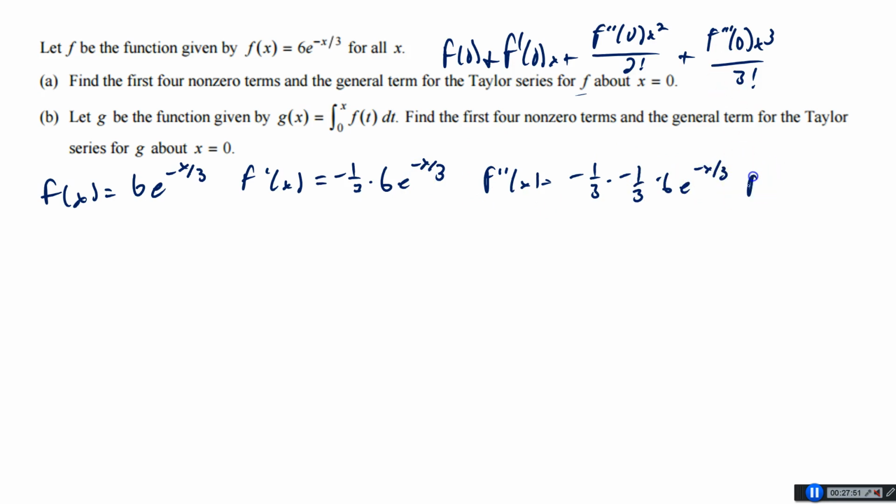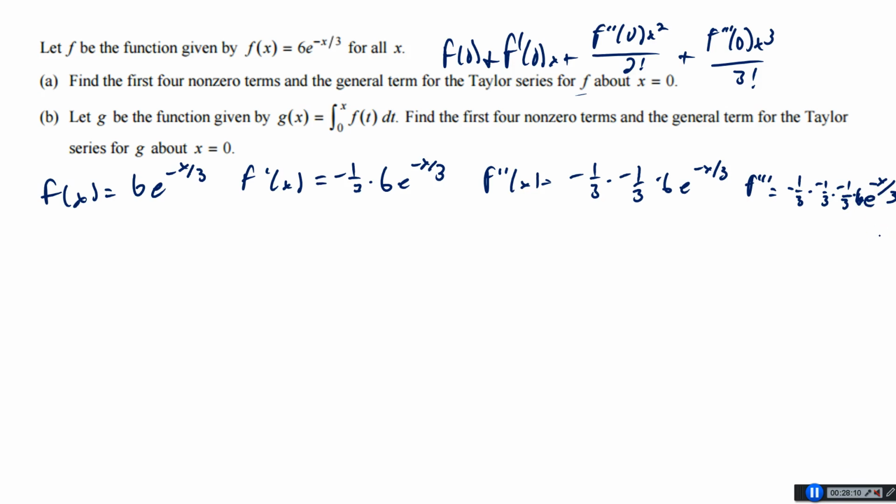We need one more. So f triple prime. Looks like these keep stacking up, right? So we're going to have negative 1/3 times negative 1/3 times negative 1/3 times 6e to the negative x over 3.